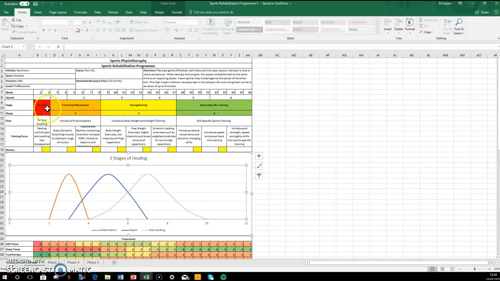Within that 6 months, you've got to break down the recovery into 4 separate sections. The first is known as the acute section, second, functional movement, third, strengthening, and fourth, sport-specific training. Within the acute stage, all you're really looking to do is reduce the swelling of the injury. Once you get into about the third week, you start to incorporate more functional movements that introduce proprioception.